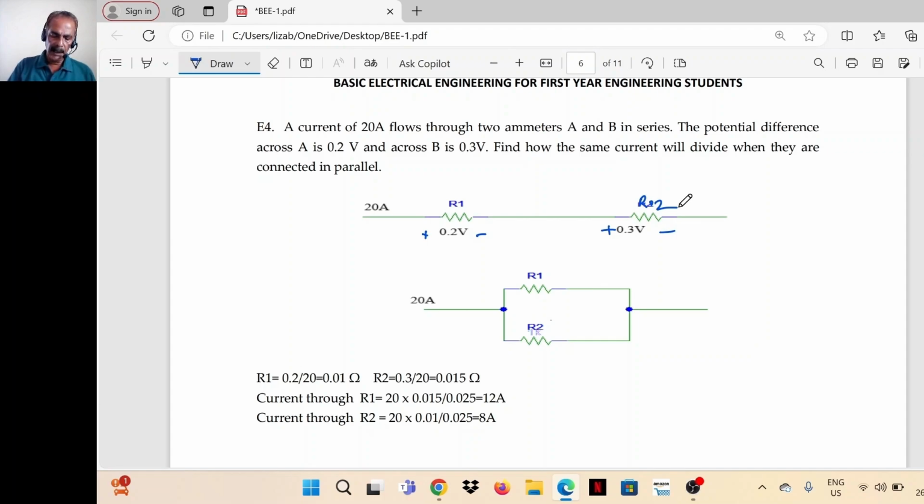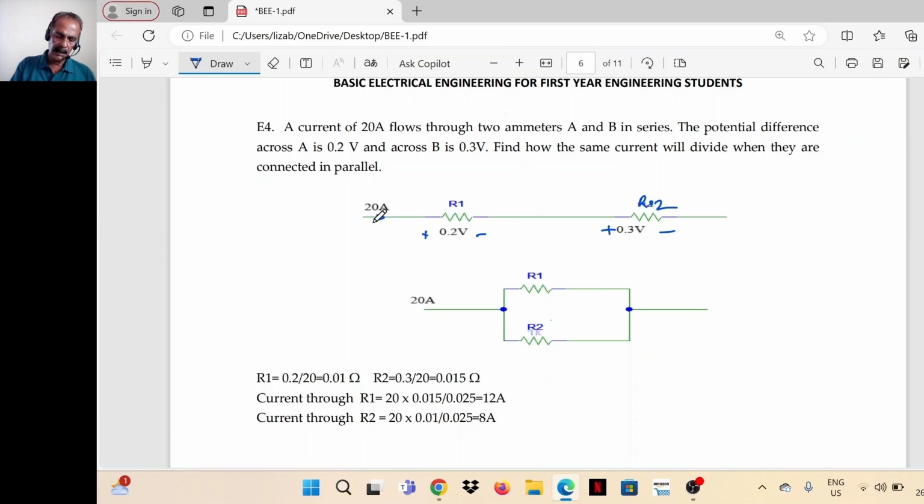The voltage across R1 is 0.2 volts, and voltage across R2 is 0.3 volts. We have to find out how the same current will divide when they are connected in parallel.